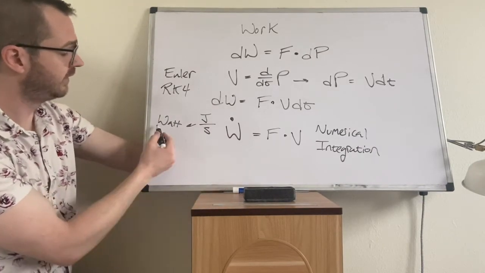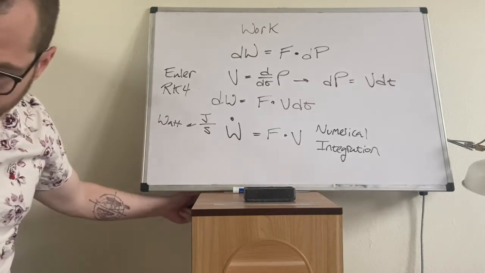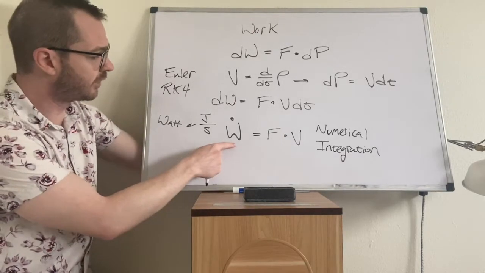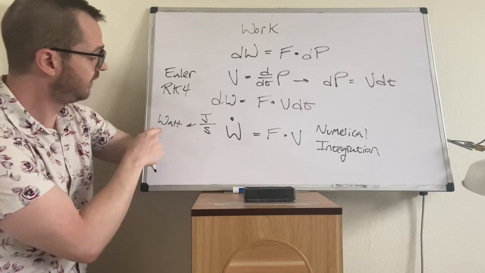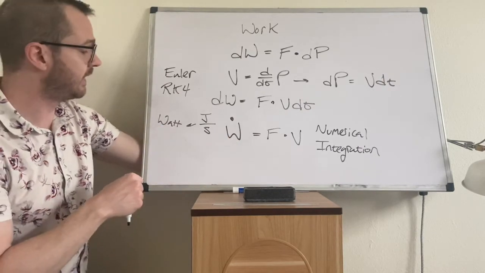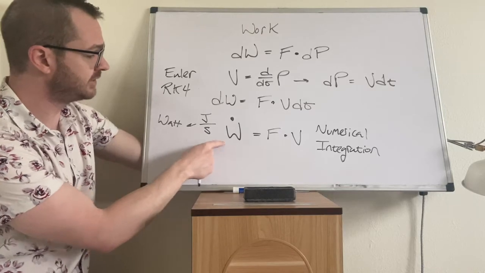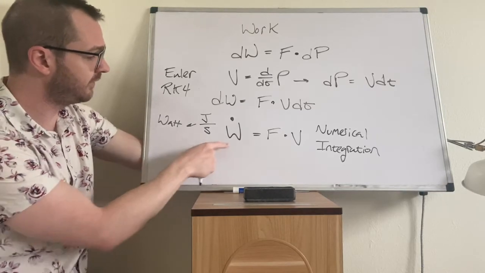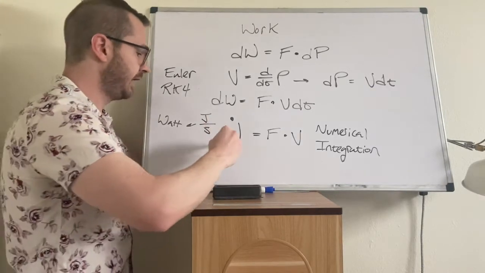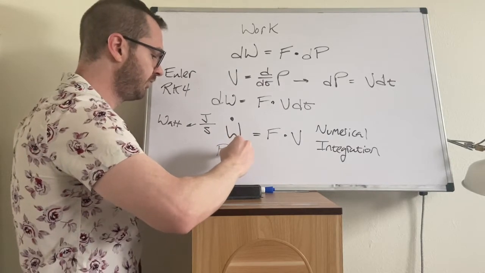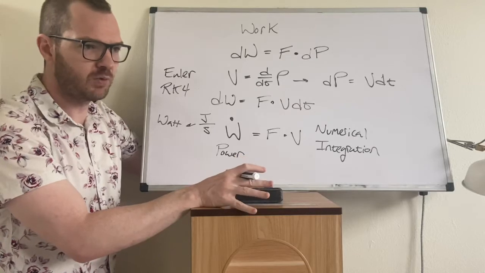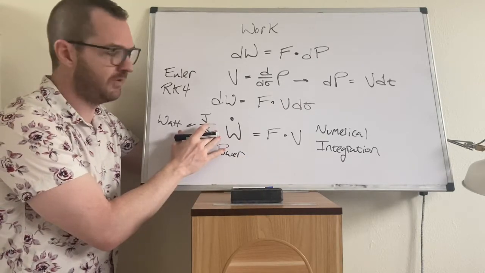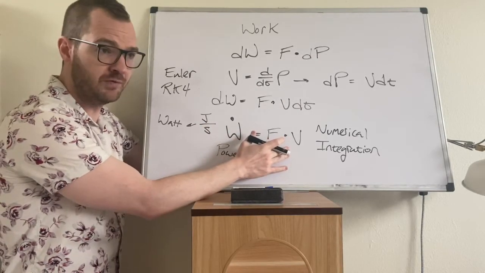W for work does not mean watt. W dot for work does mean watt. So if this is energy changing with time and it has units of watts, W dot is actually a quantity of power. So we have this equation for the power done by a force acting on a moving body.